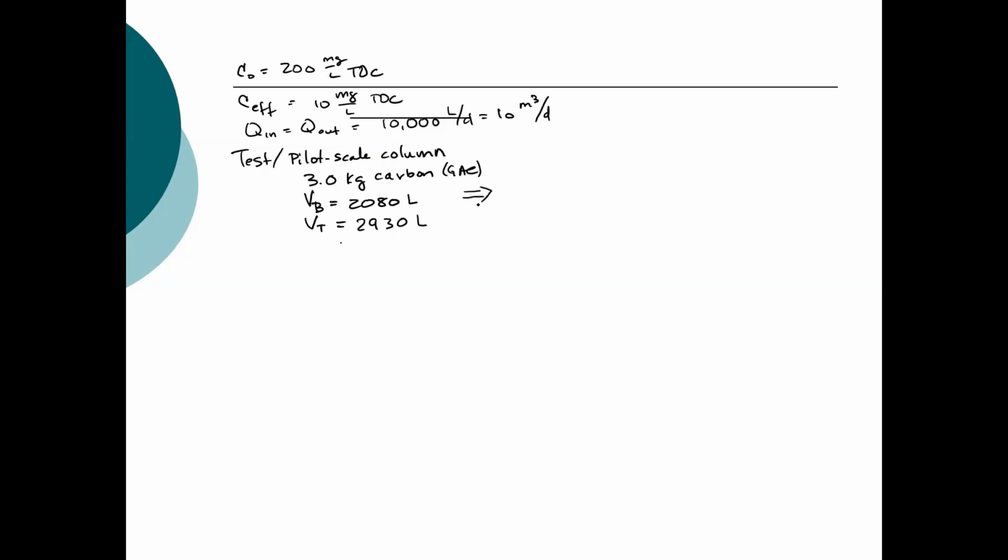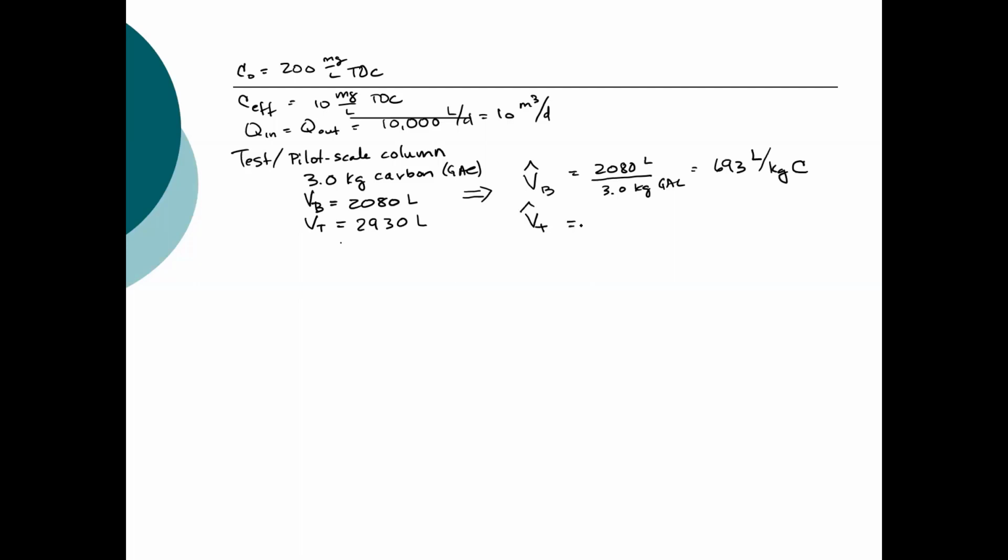What we will determine first is a specific volume to breakthrough, and that is equal to 2,080 liters divided by the mass of carbon. And that is 693 liters of water we can treat for every kilogram of carbon in the column.